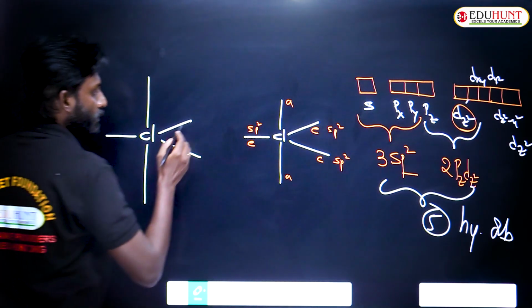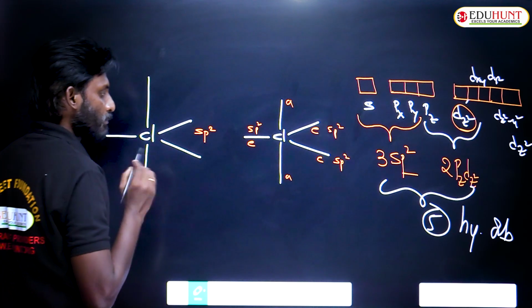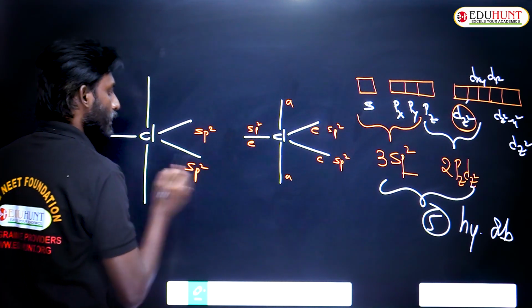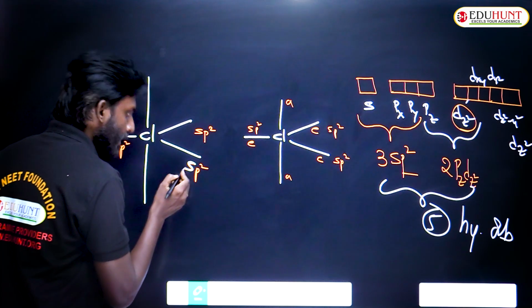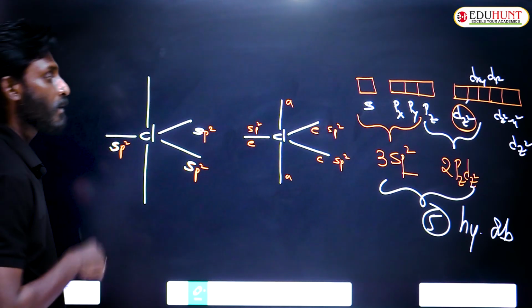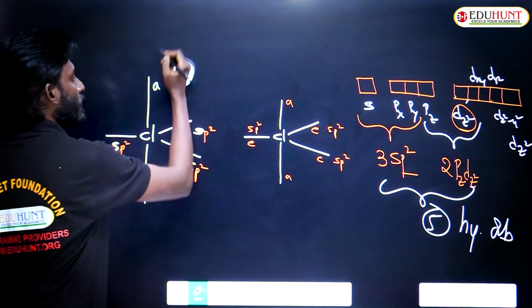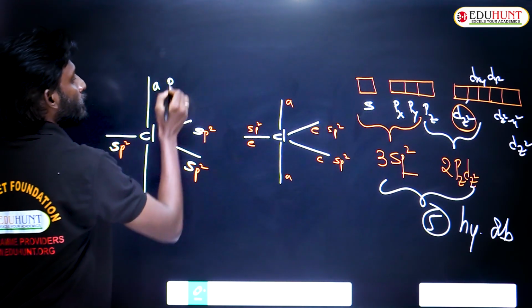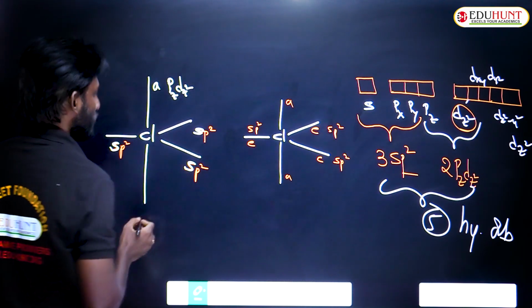Now the question is, you have taken chlorine, equatorial, axial. Be very careful. This orbital is sp2. That means all the 3 equatorial orbitals have s character. But the axial orbitals are formed just by pz and dz square.